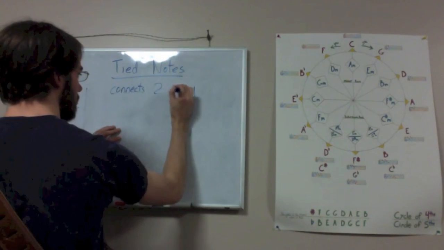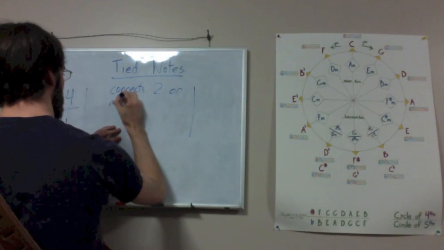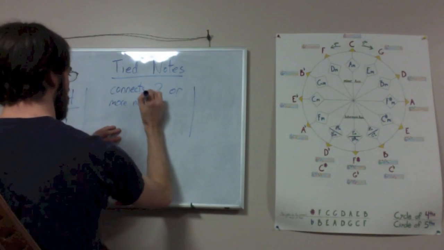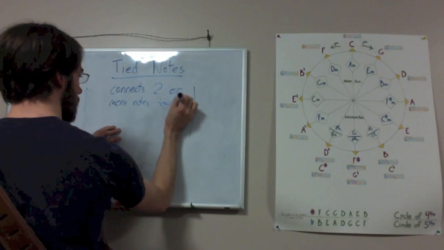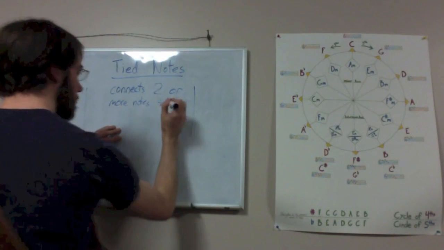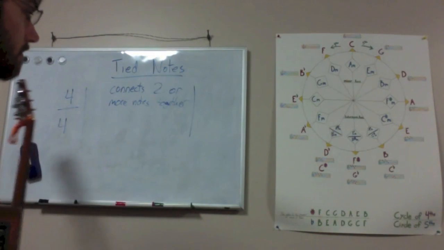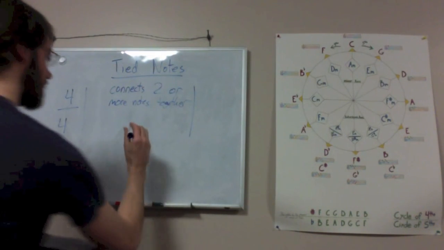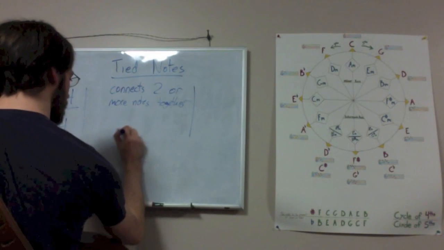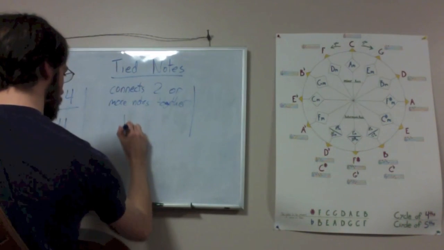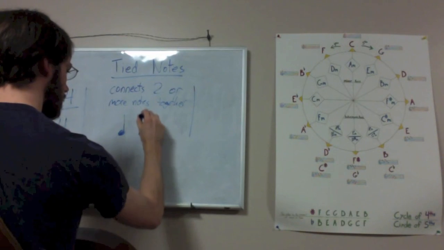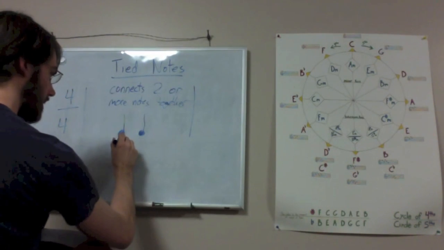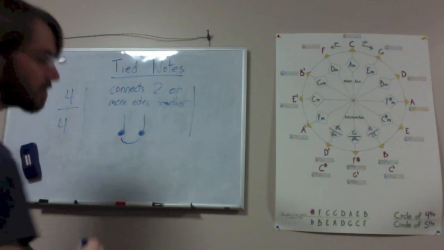Alright, so what a tied note does is it connects two or more notes together. So for example, if I took a quarter note here, and a quarter note takes up one beat, and I take another quarter note, which also takes up one beat, and I tie them together, so that's what our tie looks like.